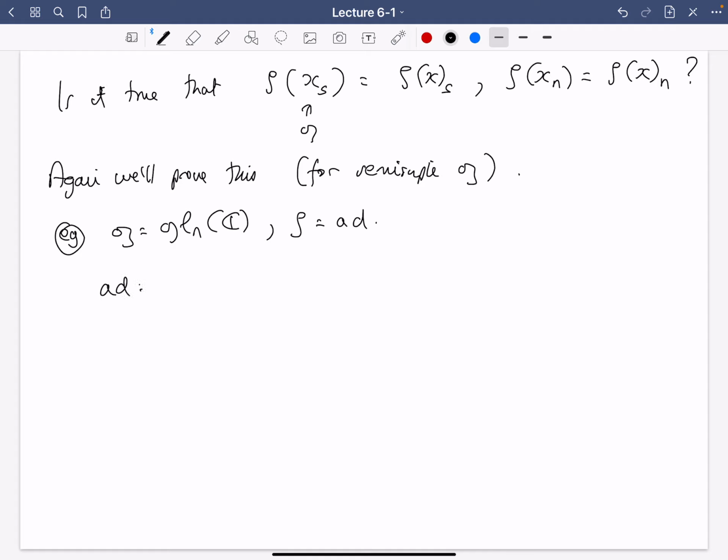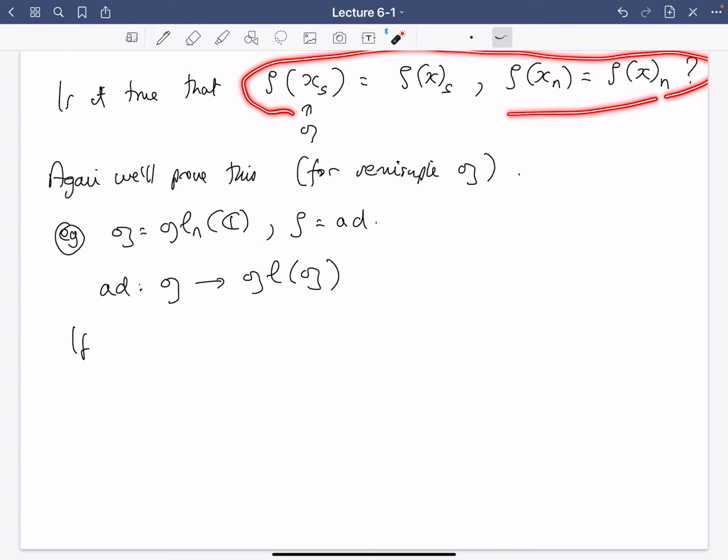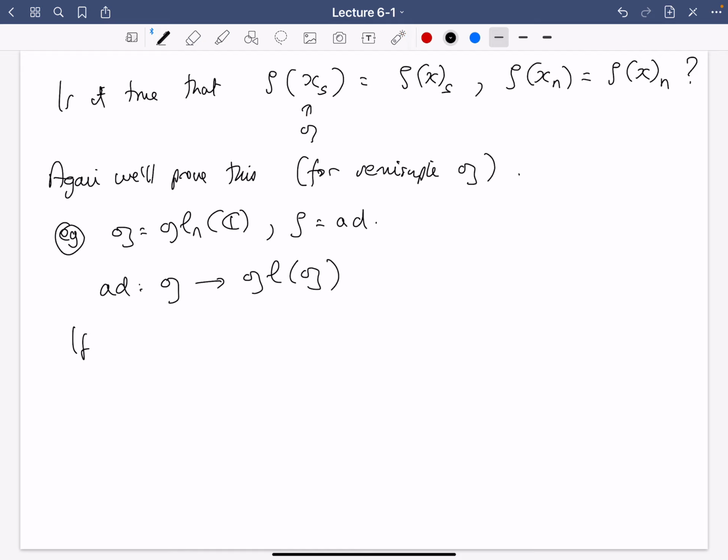So I'm looking at ad from GLN to the general linear Lie algebra GL of G. Proving these two properties, because of the uniqueness part of Jordan decomposition, actually it boils down using uniqueness to prove that rho of a semi-simple is semi-simple, and rho of a nilpotent endomorphism of V is a nilpotent endomorphism of V prime. That's what it's really all about.